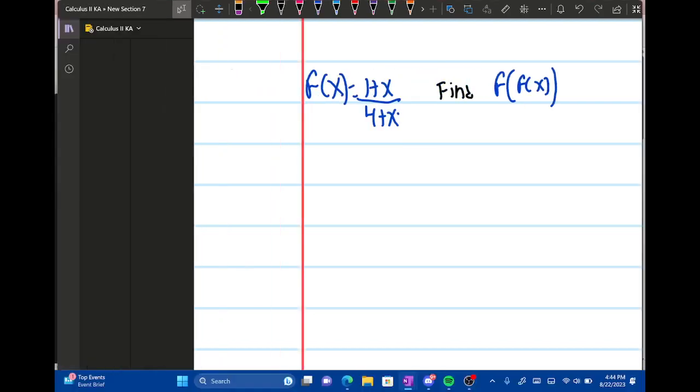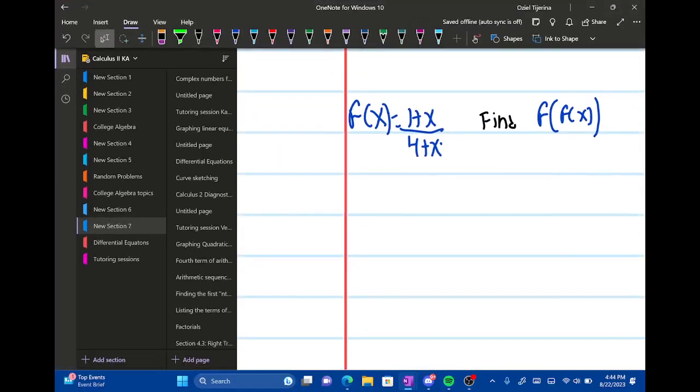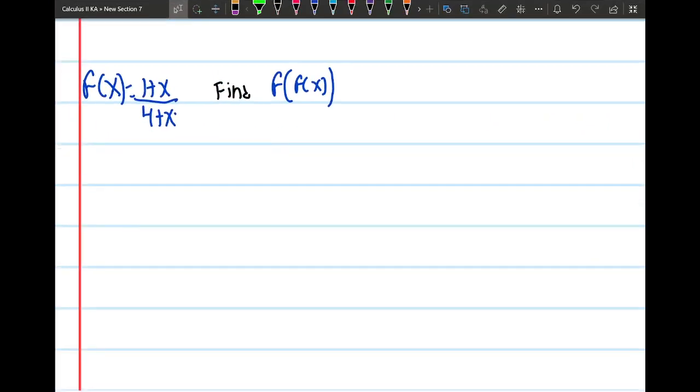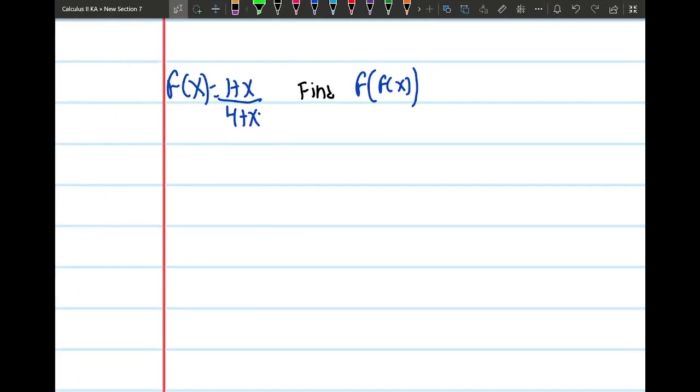Okay guys, so now for this next example, we need to go ahead and do f of x. Now this is where it kind of gets a little hard, because now they're kind of the same function with each other. And again, we need to remember to put 1 plus f of x in for x.